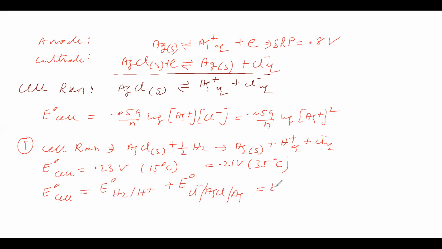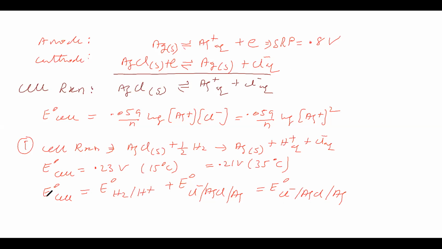Therefore, it is nothing but E naught of Cl minus bar AgCl bar Ag. So this E naught cell is nothing but this. That's what we want here. For this, we want SRP. That SRP we can get here.